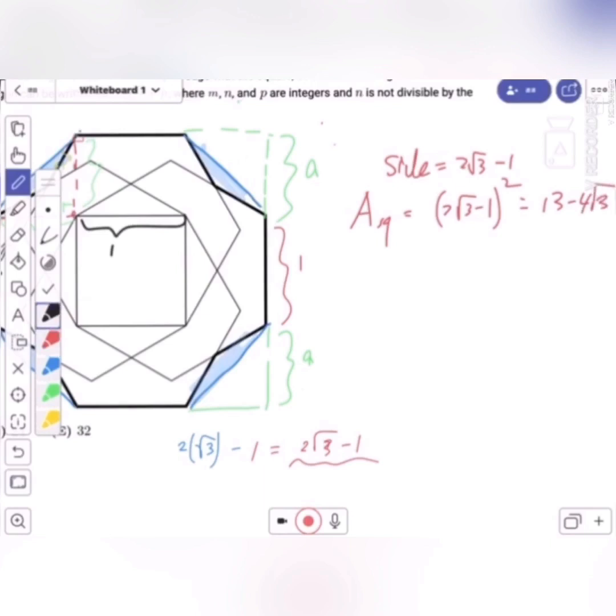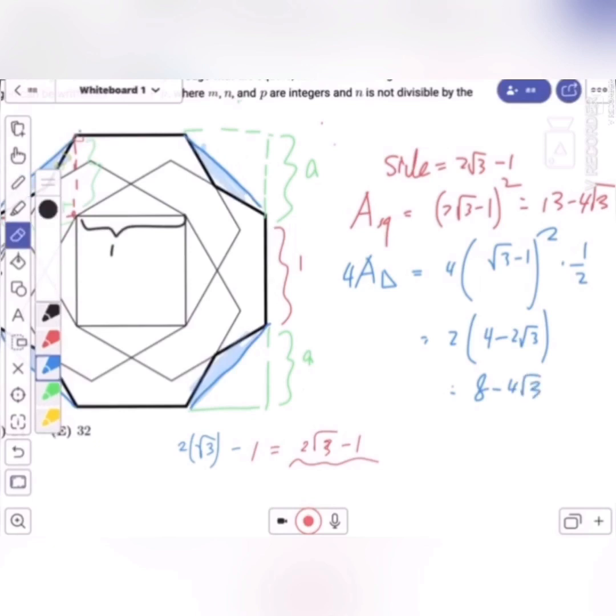Now, the area of the 4 triangles, that is equal to 4 times root 3 minus 1 squared times 1/2. 2 times 4 minus 2 root 3 equal to 8 minus 4 root 3.